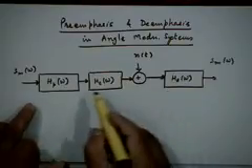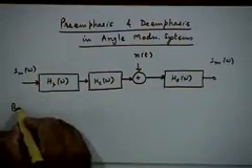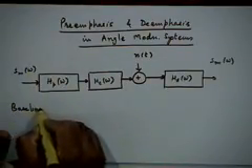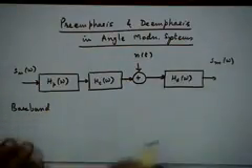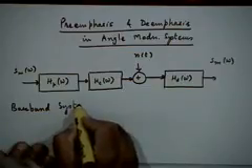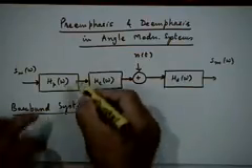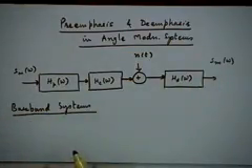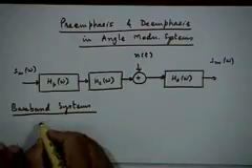I am not really doing this discussion in the context of angular modulation, which is what I have written here. I will do this in the context of baseband systems, but the ideas can be extended very simply to the case of angular modulation. This is a baseband system model. So what is the problem?